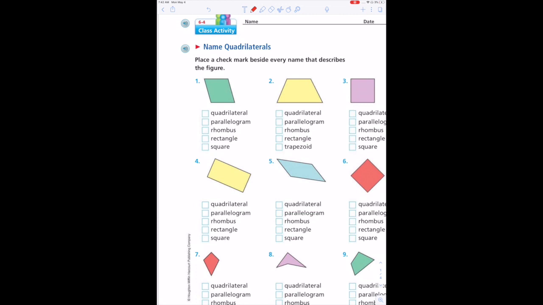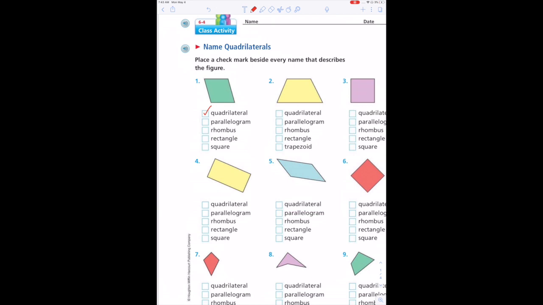So remember, a quadrilateral is a shape that has 4 sides, 4 lines that connect, and they enclose a shape. If we look at number 1, we have 4 straight line segments, and they connect and fill in and create a shape. So we do have a quadrilateral.